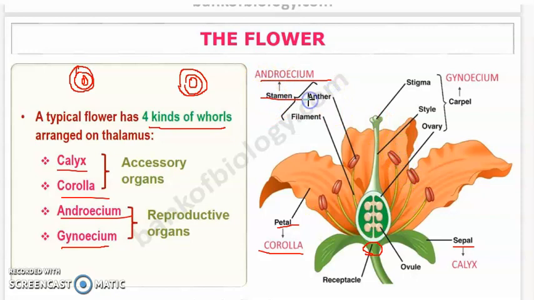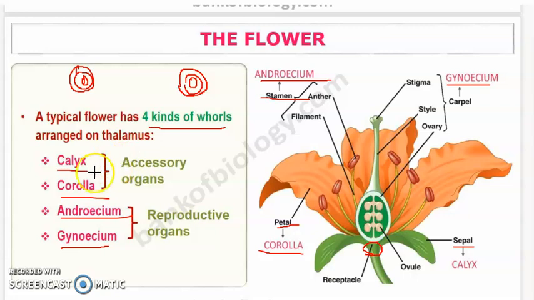A single stamen, a single part of the male reproductive system, is called a stamen, and together they are called the androecium. In the same way, the pistil or the carpel is termed the gynoecium. The structures together are termed the gynoecium, and the stamens together are called the androecium.